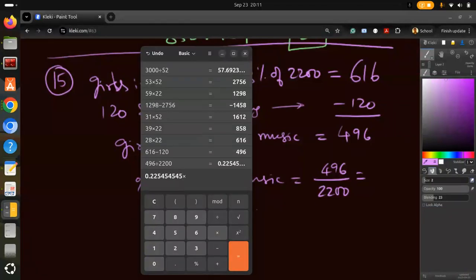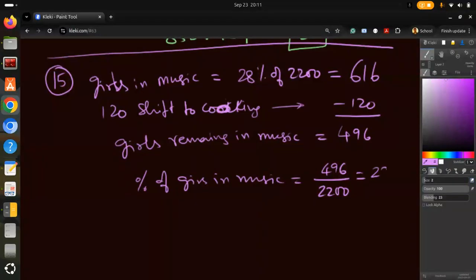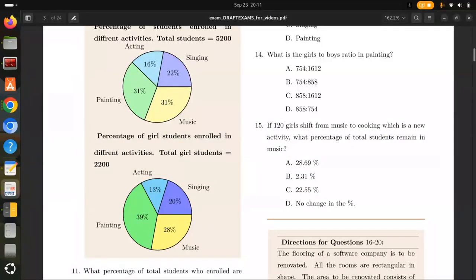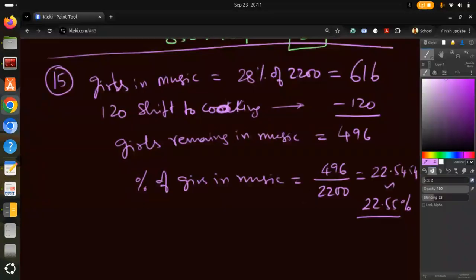Into 100 to convert it to percentage, which is 22.5454. So 22.54, which is approximately 22.55%. Then, if I look at the options, directly I'll find that there is option C, which is matching 22.55. Therefore, I will say maybe the answer is C.